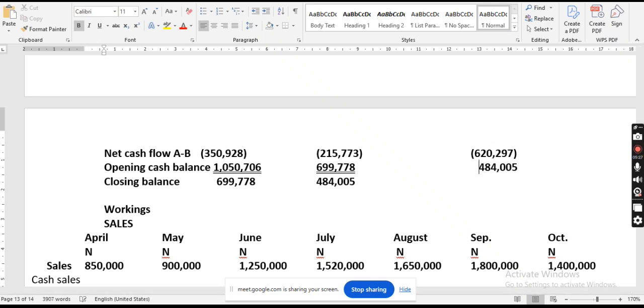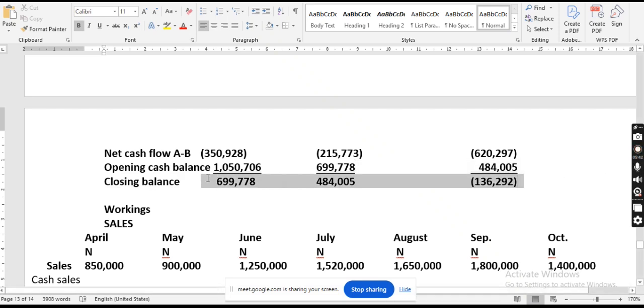So here you have negative 136,292. Okay, that's fine. Class, distinguished professional colleagues, this is the closing balance, and this is what you will use to make your decision.